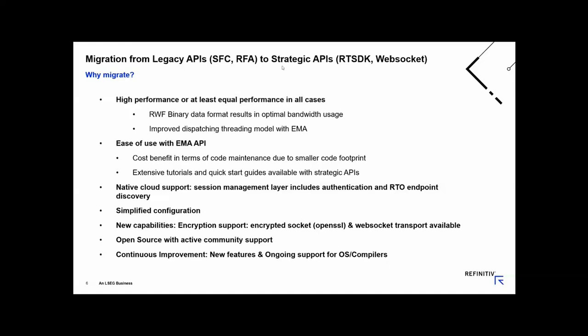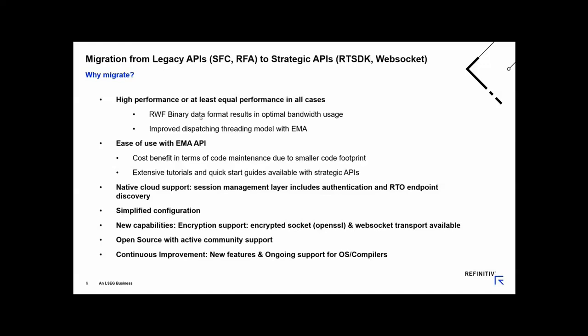So benefits all around in terms of higher performance that can translate directly into not just throughput efficiencies, but also efficiencies in terms of the RTDS that you may have deployed and getting back some of that capacity and savings directly as a result of that. So that's market feed to OMM.